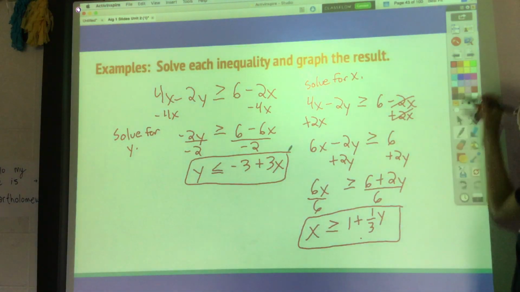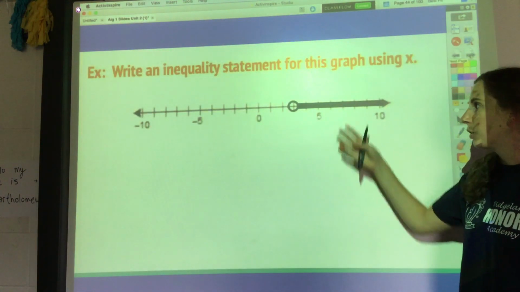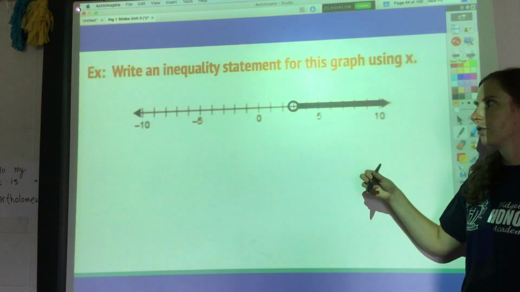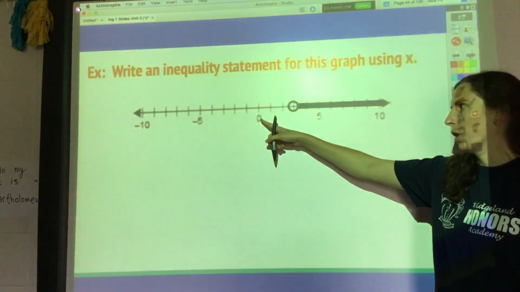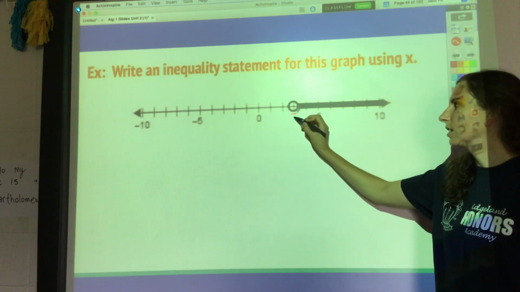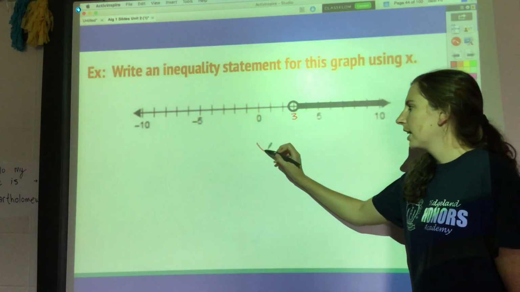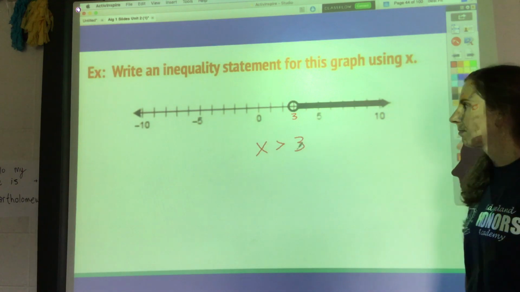Just to show you one final example, maybe they might give you an inequality and you have to write an equation for it. So this is 5 and that's 0, so 1, 2, 3, that's a 3 right there. So I would just say x is greater than 3.